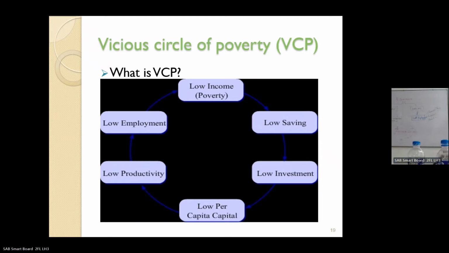So lower capital means lower productivity, and lower productivity means lower employment, again lower output. So like that, you can see this circle. That's the problem that arises with this lower income or output. We can address that one, and we can go to other things.